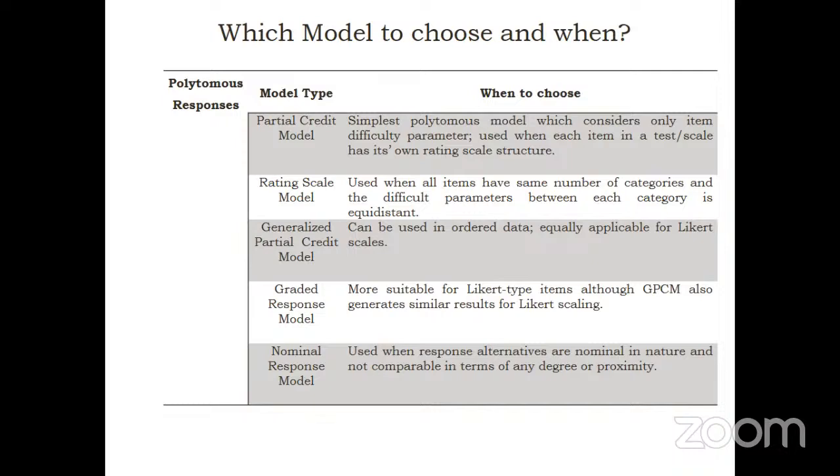GPCM and GRM are both applicable for Likert type data, so you can apply both, compare the results, and choose any one of these models for your data. And the nominal response model is applicable if your response alternatives are nominal in nature.